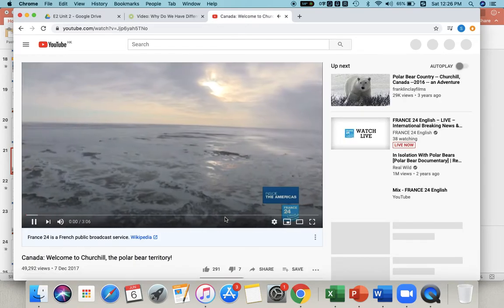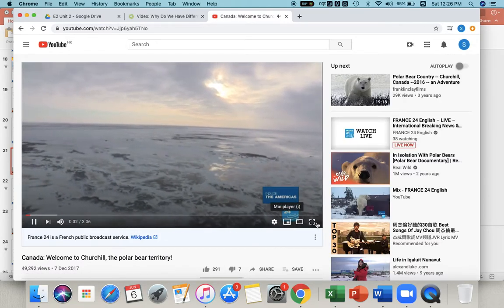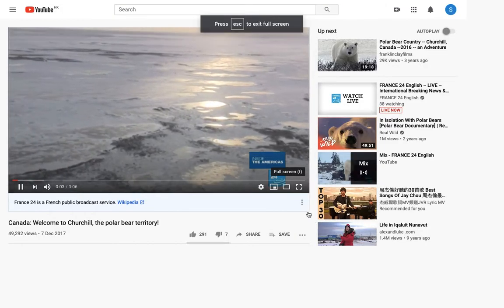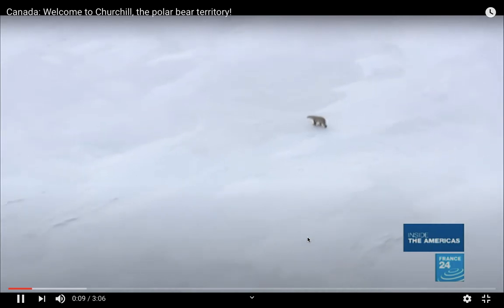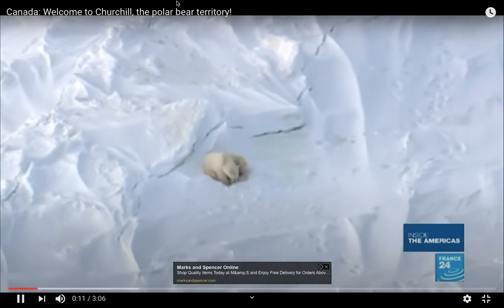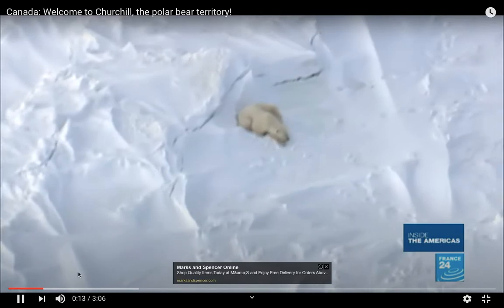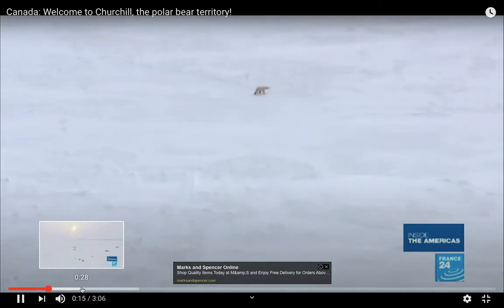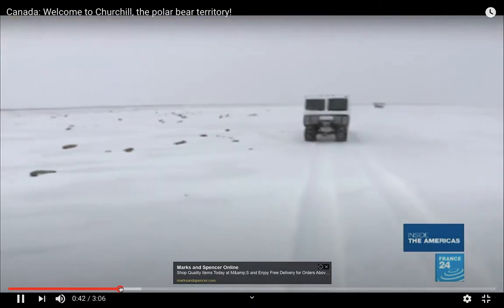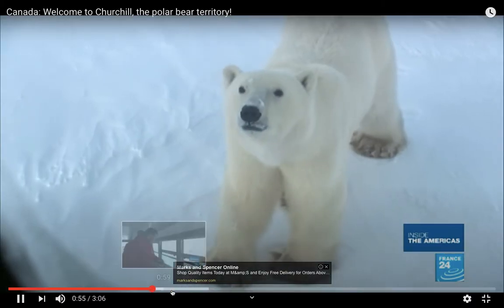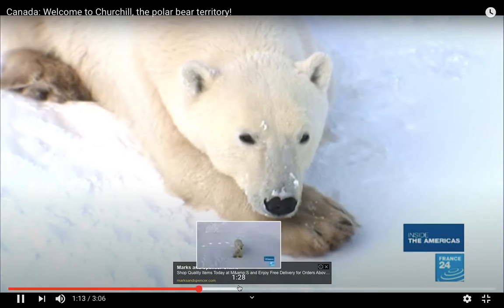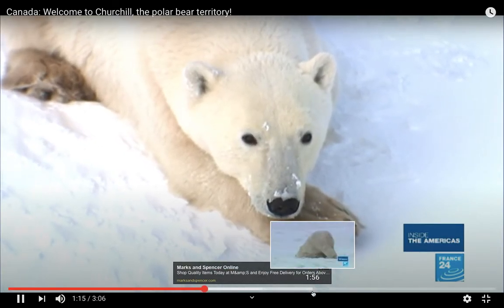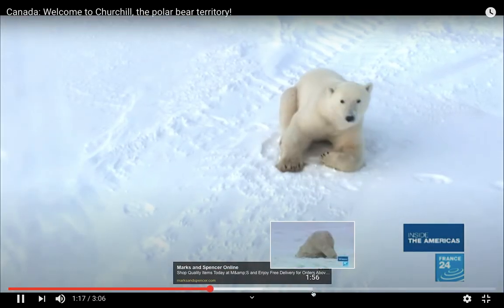Sheets of ice stretching as far as the eye can see. Here in the great north, polar bears could still be found roaming around, waiting for the ice to freeze. You can drive for hours or even days. It's a curious and self-assured animal. In recent years, a new tourism industry has formed.